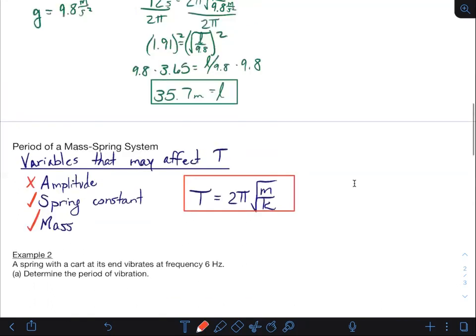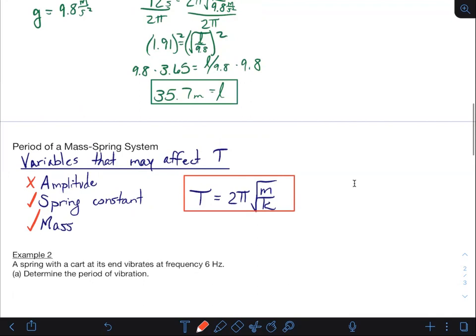And notice that there are a lot of similarities here between this relationship for a mass spring system and the relationship for a pendulum, right? In both cases, we have a factor of 2 pi involved. And in both cases, we are actually taking the square root of our set of variables.